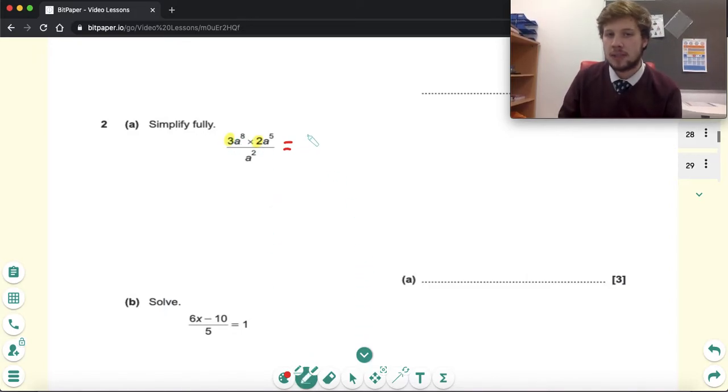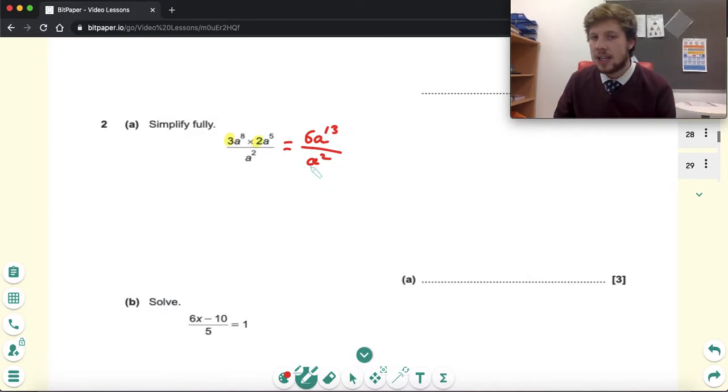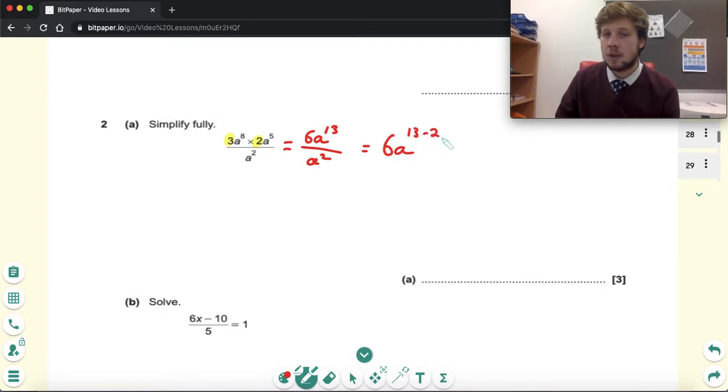When I multiply them together, I get 6, and then like with the previous question, a to the 8 times a to the 5 would be a to the 13, since if I was multiplying the powers, I added them together. That's going to be divided by a squared. Now I have a division. I can do 6a to the 13 divided by a squared. 13 take away 2 would give me 6a to the 11.